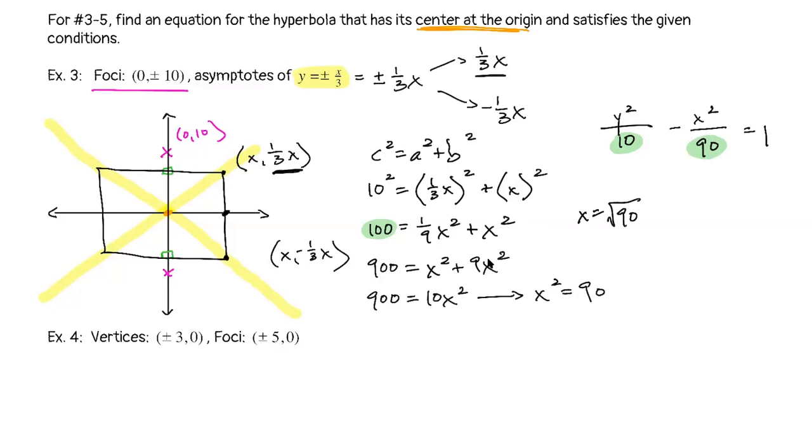And so we get 90 plus 10 gives us that 100, okay? And so now that we filled in our two denominators, we've got our equation for this hyperbola, all right?